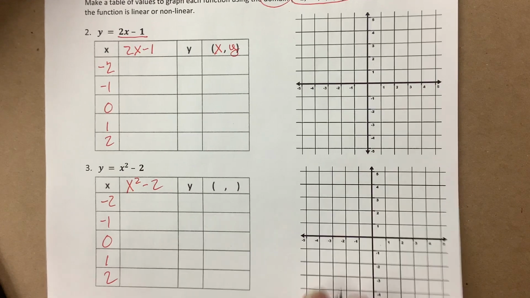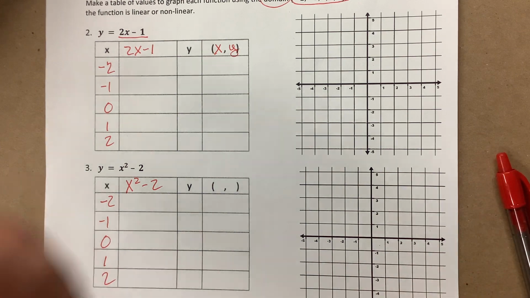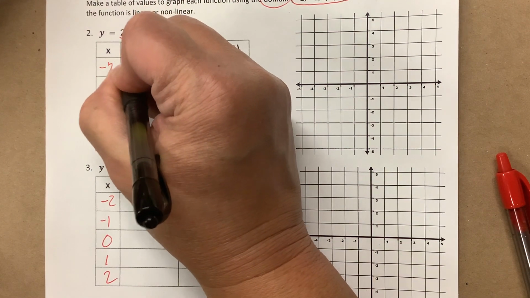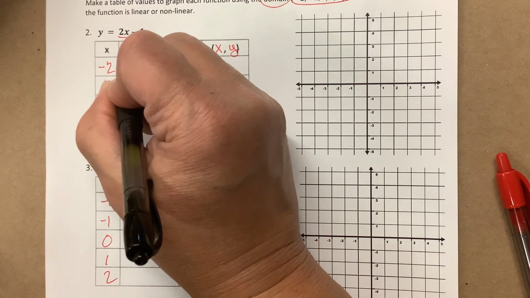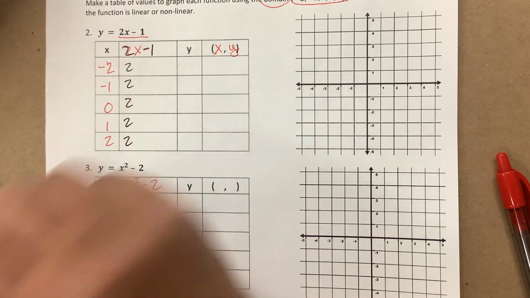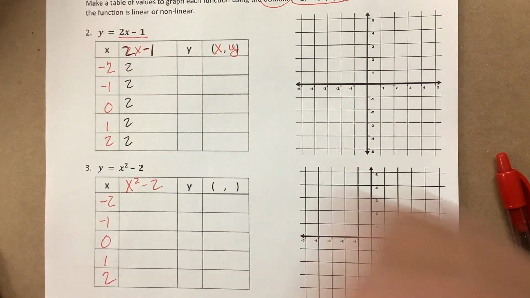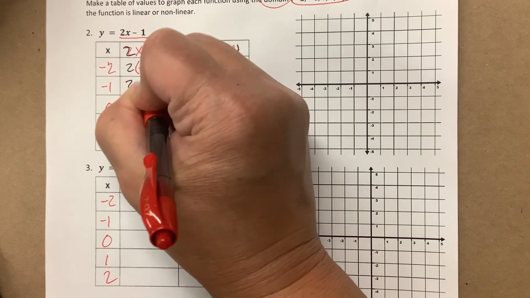Remember, the x values vary. So what's not going to vary? This, the 2 and the -1. But the x is going to vary. 2 does not change. You're multiplying by 2. Every x gets multiplied by 2. But the variable x is what's varying or changing.